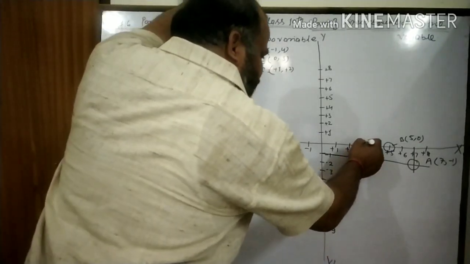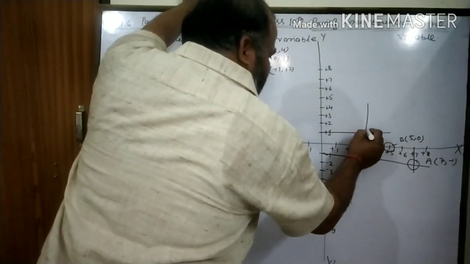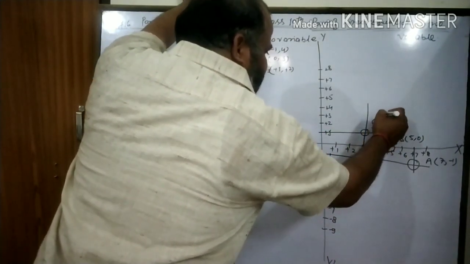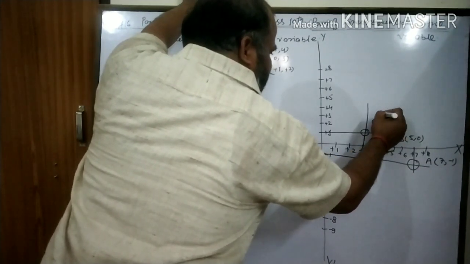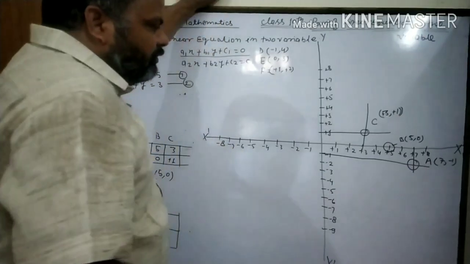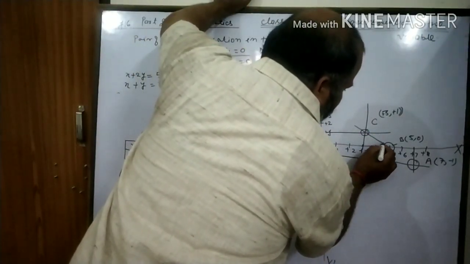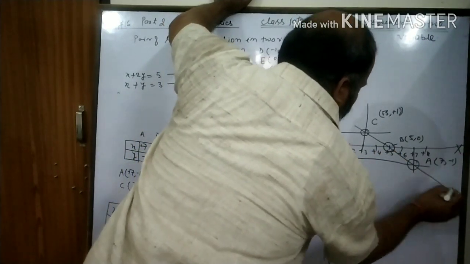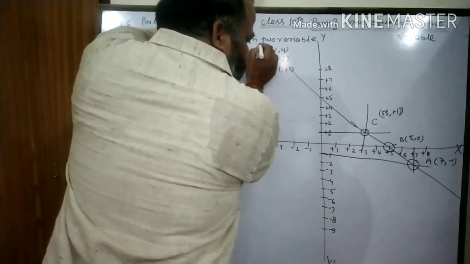This value is 3 and it is C: 3, plus 1. Now you join all the points with a straight line like this. Okay?